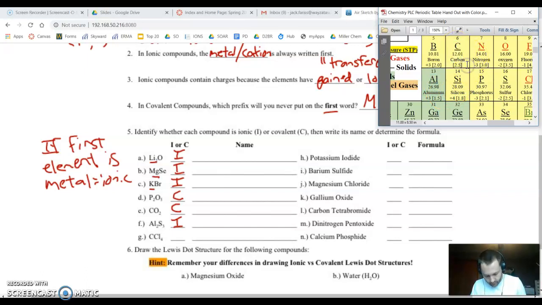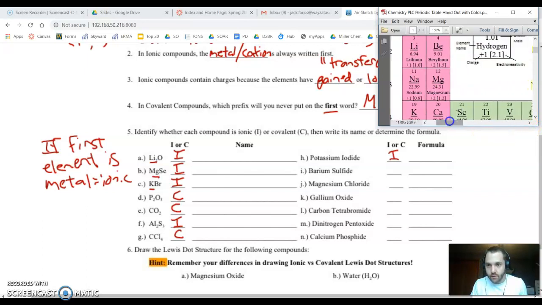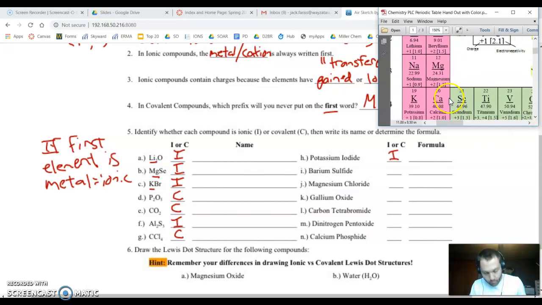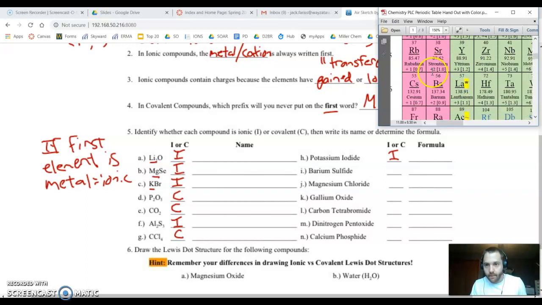CCl4, again, carbon first is a nonmetal, so that's going to be covalent. Coming over here, potassium. We know from before that that is a metal, so this must be an ionic bond. Barium is down here, so barium is going to make this ionic.